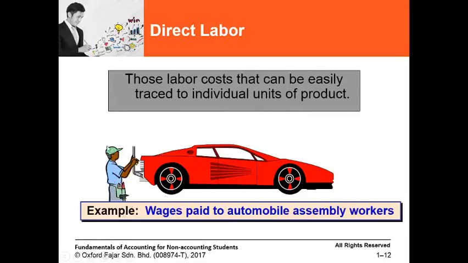This is the worker, and he needs to assemble all of these raw materials, such as the steel, tires, glass, and the radio, all together, so that it can look like a car. That is considered direct labor, because he is directly touching and directly building the car.